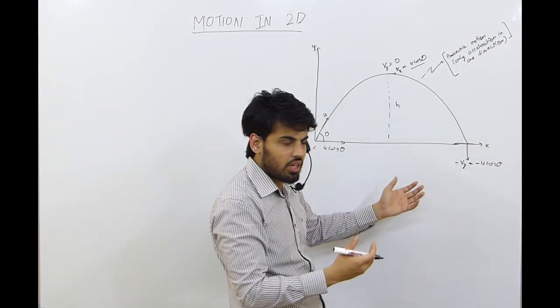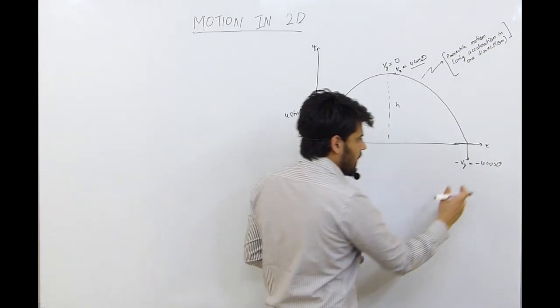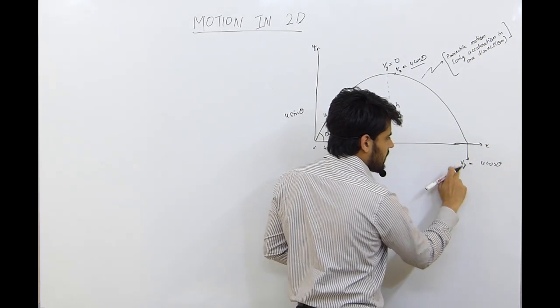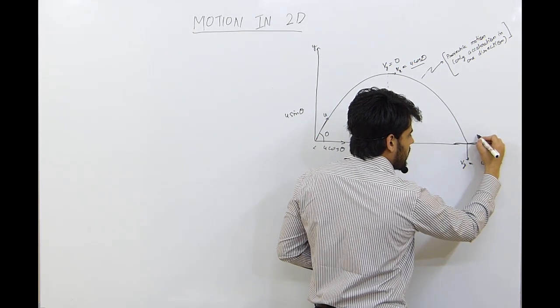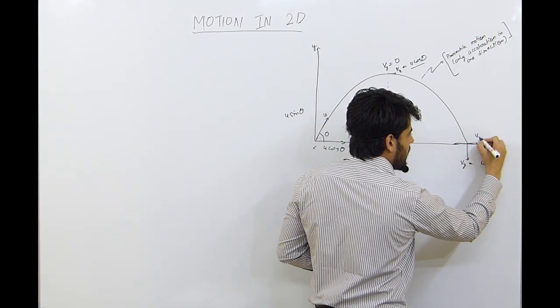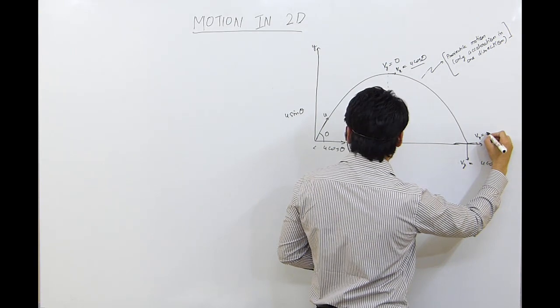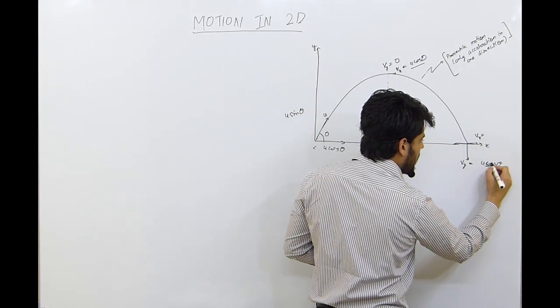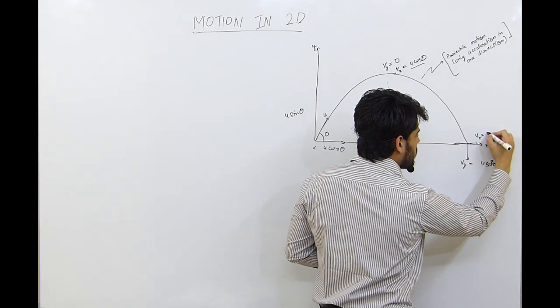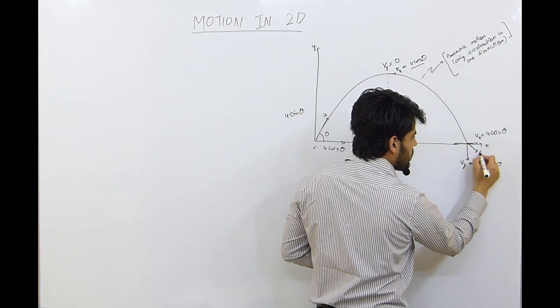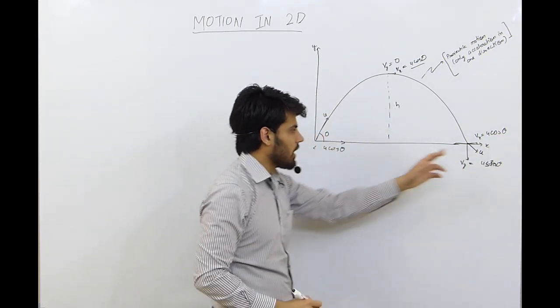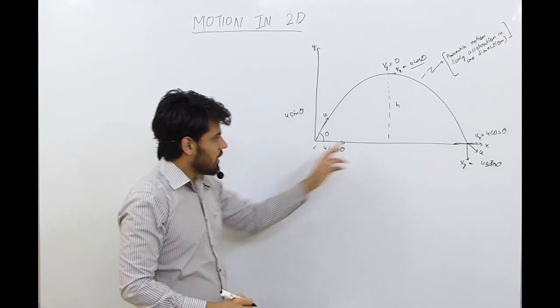For basic understanding I'll try not to take the negative signs. Vy is u sin theta and in the x direction it will be u cos theta. Again, if you resolve this, it comes out to be u, same as the initial velocity.